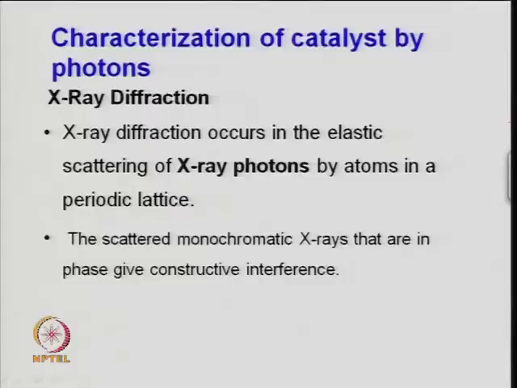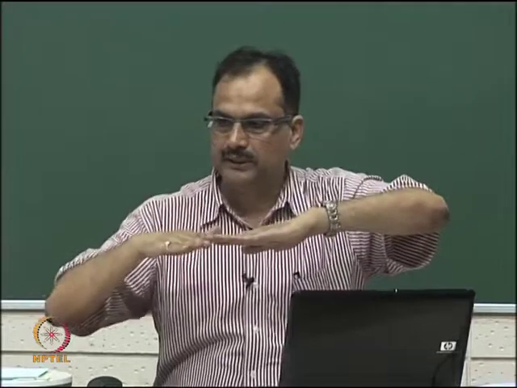In the case of X-ray, the diffraction occurs by elastic scattering of X-ray photons by the atoms in a periodic lattice. So it is nothing but a structured surface on which atoms are arranged, and some X-ray beam, which has a wavelength of roughly 100 angstrom, strikes the surface.